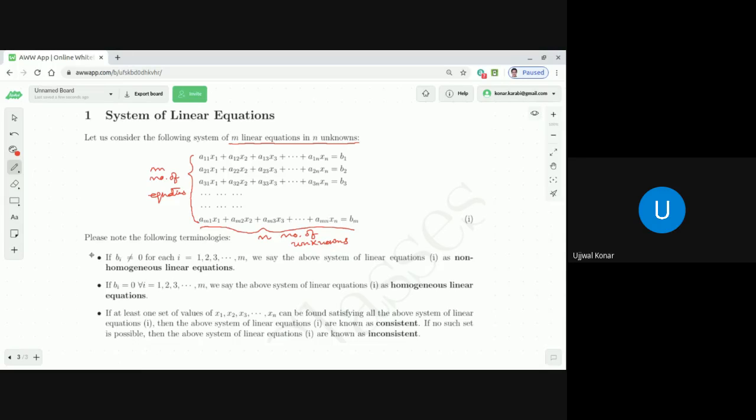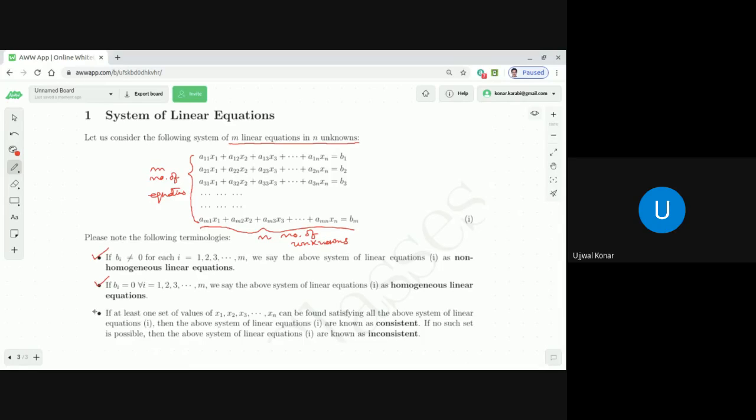Now if I revisit this statement, dear students, if bi is not equal to 0 for each i equal to 1, 2, 3 up to m, we say the above system of linear equations is a non-homogeneous system. If bi is equal to 0 for all i equal to 1, 2, 3 up to m, we say the above system of linear equations is homogeneous.